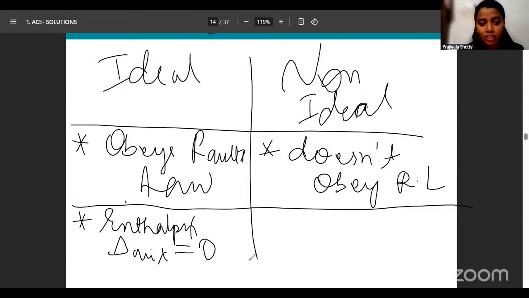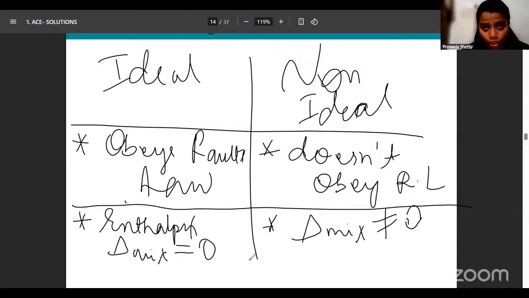Whereas here, the enthalpy of mixing two pure components is not zero. The last other property is the volume.